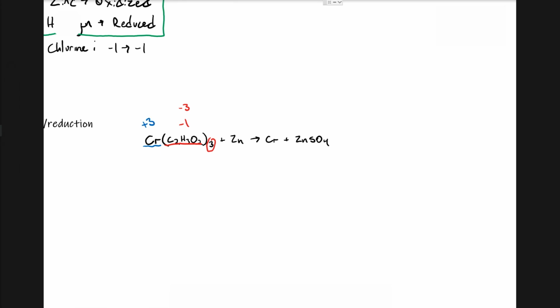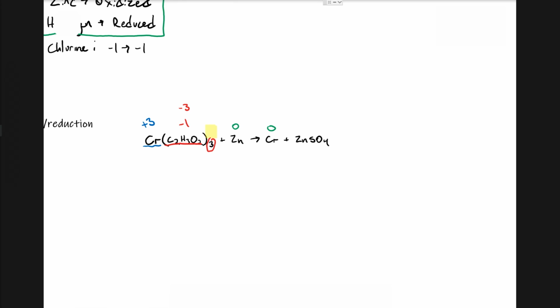which means by extension that the oxidation state of our chromium is +3, because as you can see, there's no net charge on this molecule. This is a neutral molecule. So if the acetate has a -3, then the chromium has to have a +3. And remember, per our oxidation state rules, zinc, being a pure element, has an oxidation state of 0. Moving on to the right side of the equation, chromium now has an oxidation state of 0 because it's by itself.